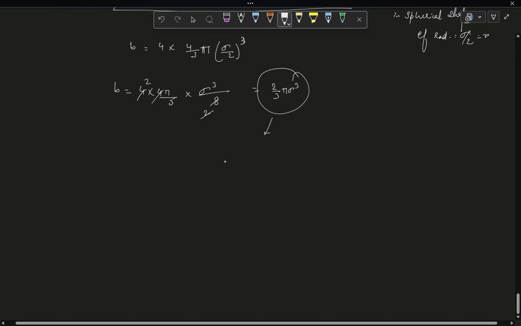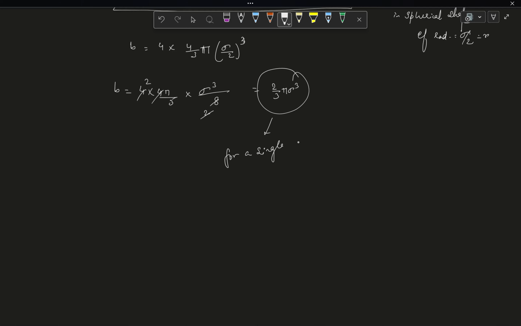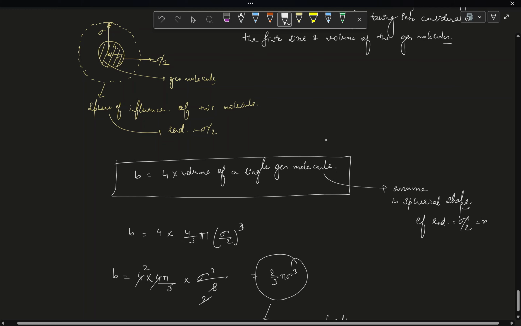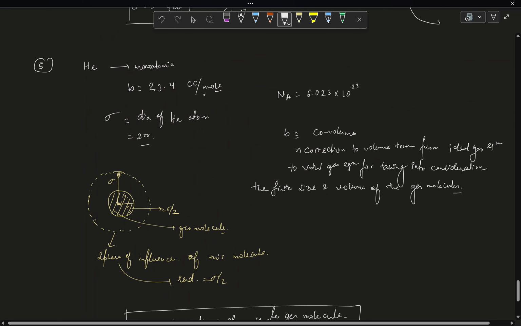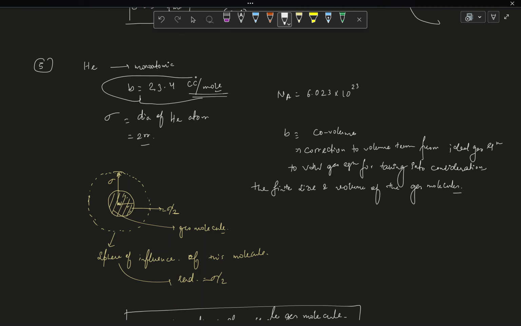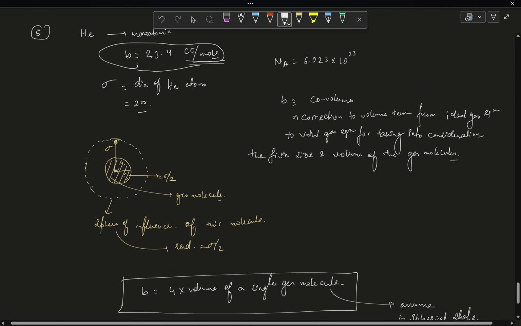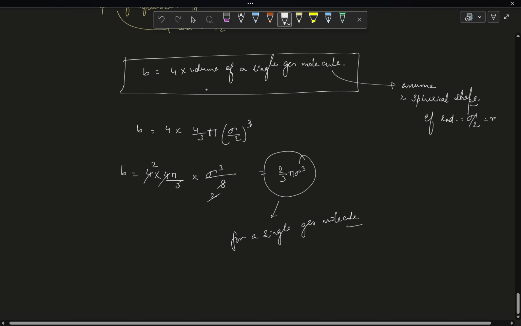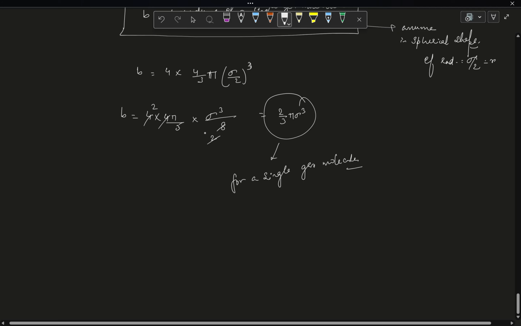Now this is for a single gas molecule. But in the question, if you see it correctly, the unit was cc per mole. That means this is the B value per mole of the gas, right? So you have to consider 1 mole of quantity. Even if B is equal to 4 times the volume of a single molecule, this is for a single molecule.